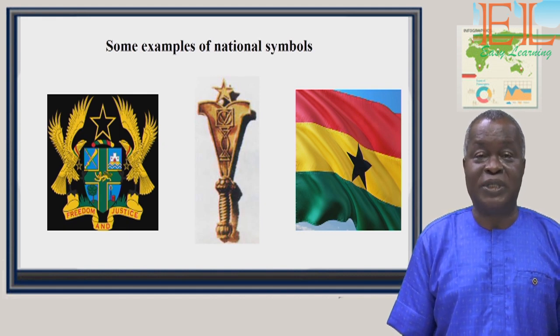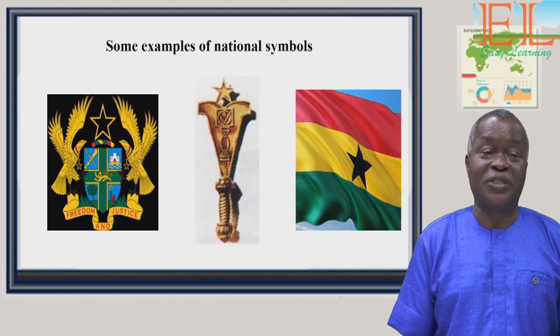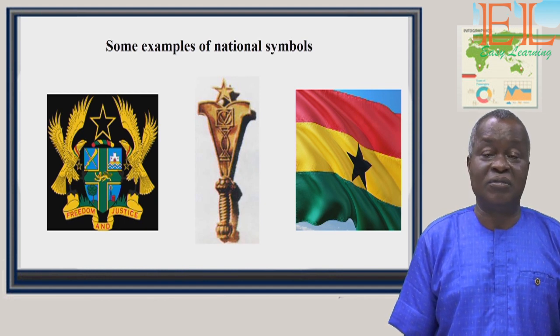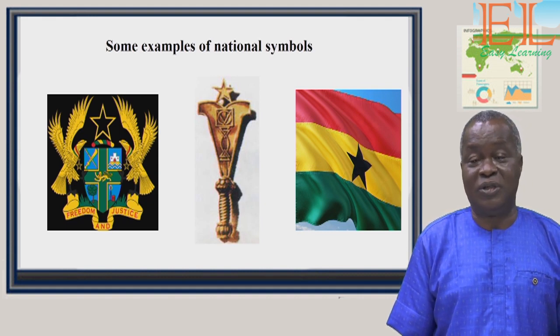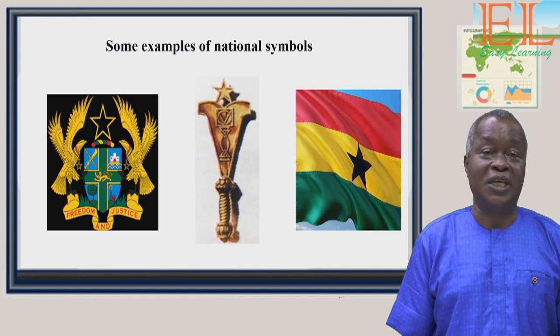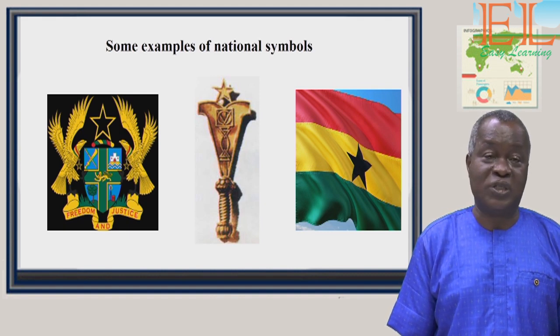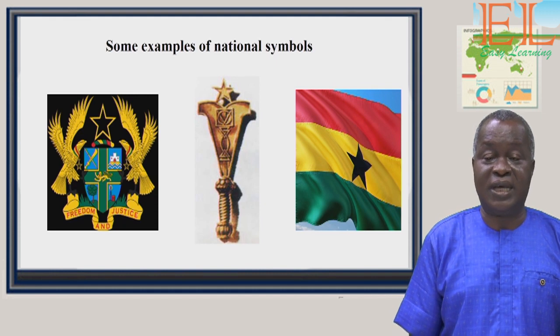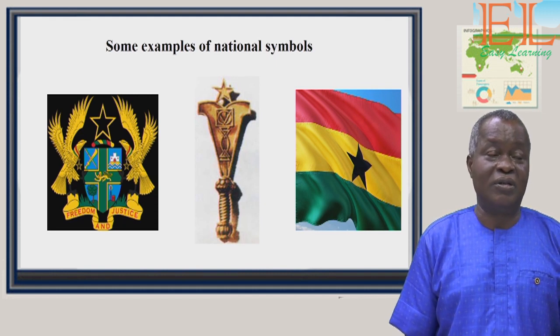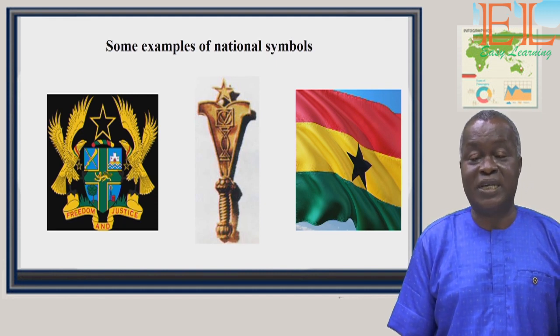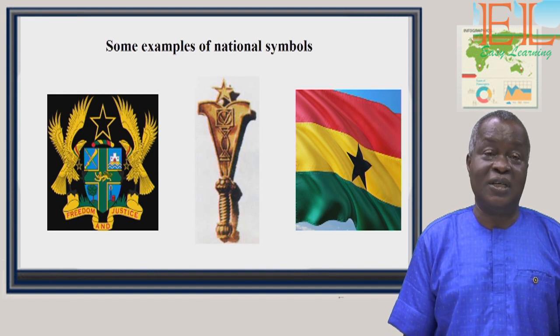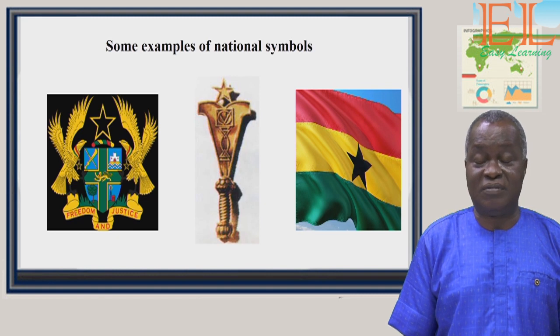The yellow represents the wealth of the nation, especially the gold that we have in our land, which made the Europeans name our country the Gold Coast. And then the third, green. Green, we know, represents vegetation, the vast plant life we have in our nation.